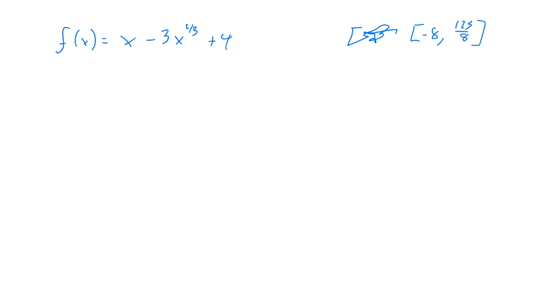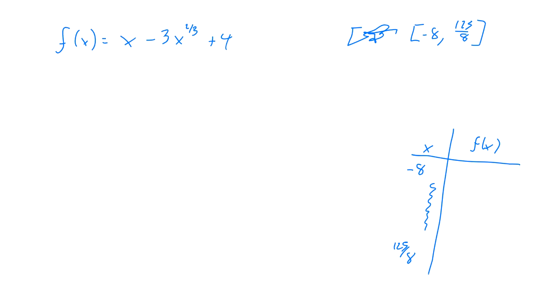And one thing I want you to notice in that problem, number 9, is it says find absolute maximum and minimum values. So you ought to already be thinking toward the end of the problem that you're going to be making a table. And that table is going to include those two endpoints, -8 and 125/8. And it's also going to include any critical numbers that you find along the way. And then once we fill out the table, we'll just pick off our biggest value and our smallest value. So that's going to happen anytime it's asking for absolute extrema on some interval.